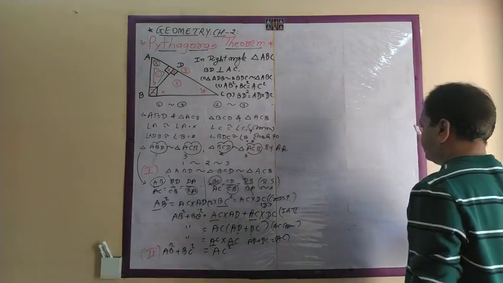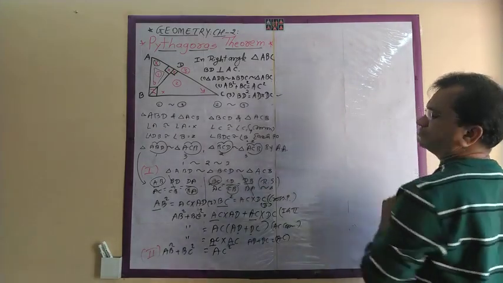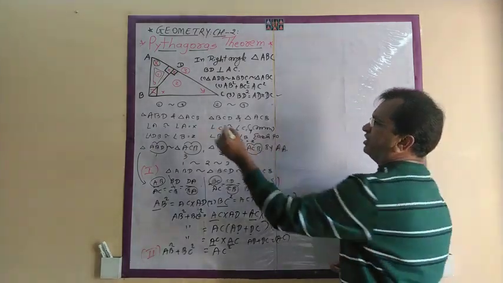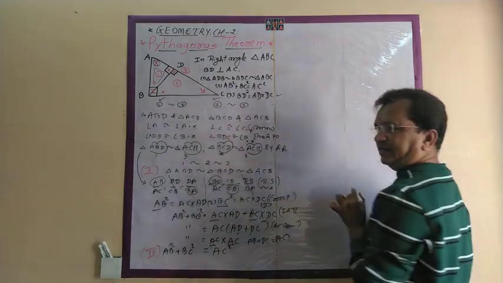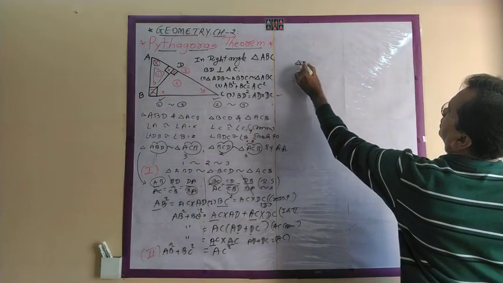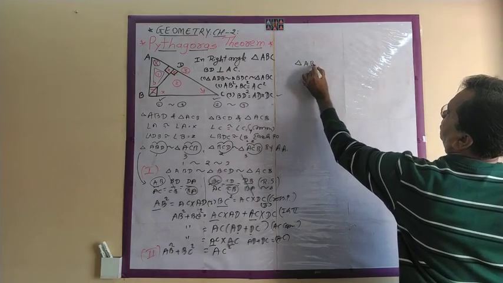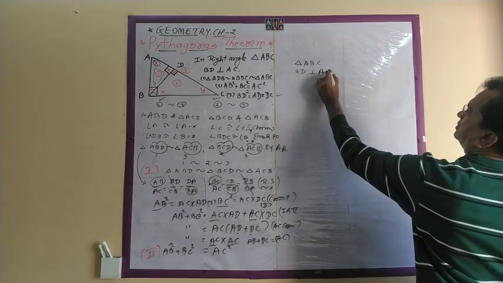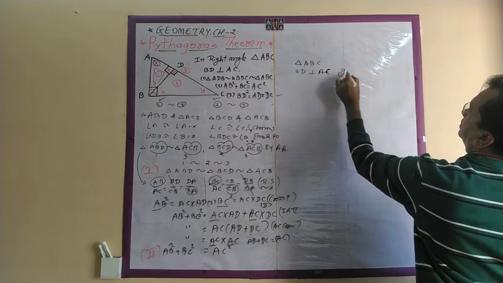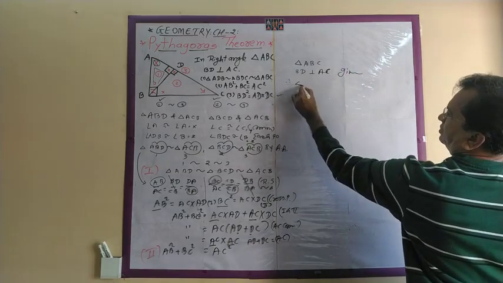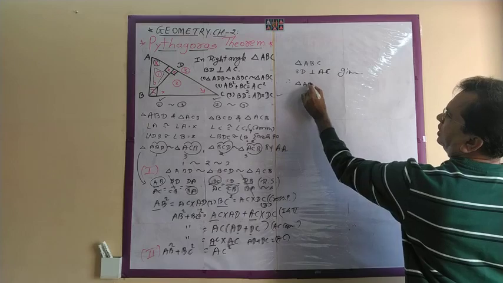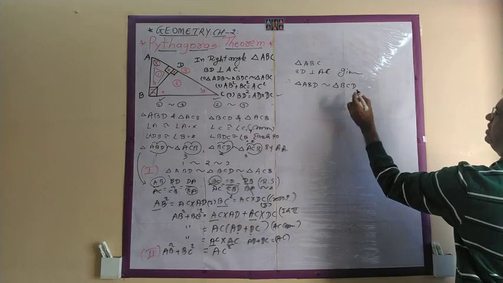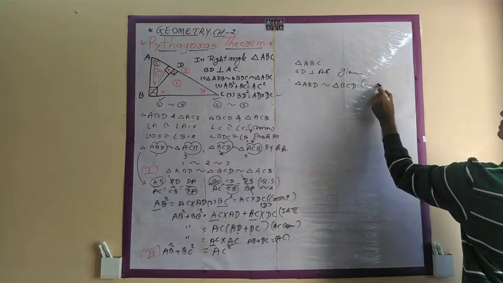Now proof number 3. That is this. This is known as geometric mean. Now we have to take only first and second. In triangle ABC, BD is perpendicular to AC. Given. Therefore, triangle first, means ABD, is similar to triangle BCD. Similar triangle.